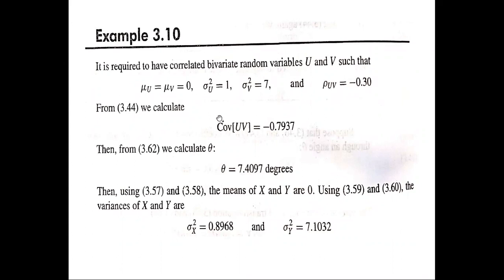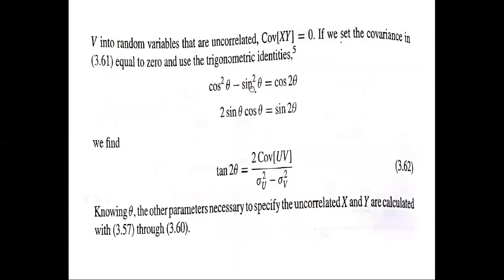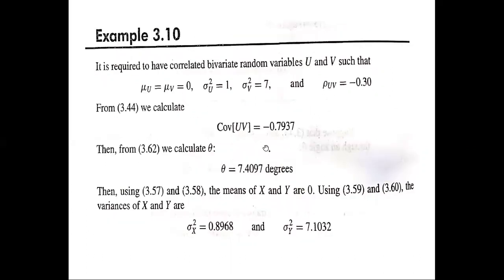Twice of covariance of uv divided by sigma u squared minus sigma v squared is what we need to use to find tan 2 theta, and 2 theta will be tan inverse of that quantity. If your calculator is in radians, you have to multiply by 180 by pi. Radians multiplied by 180 divided by pi will give us the value in degrees.